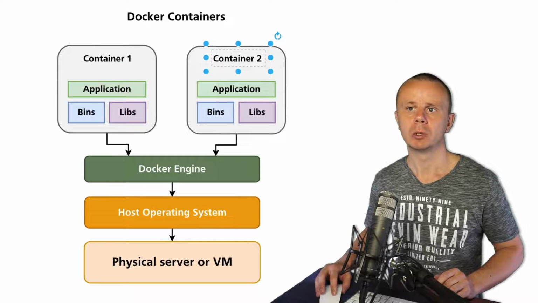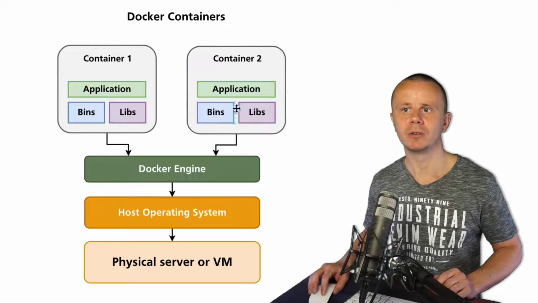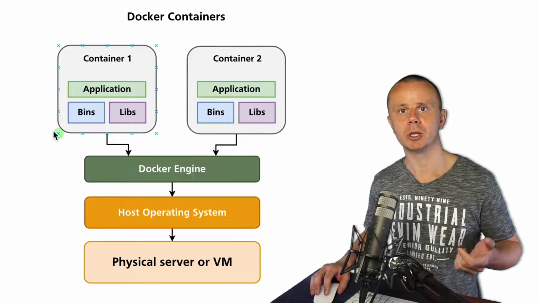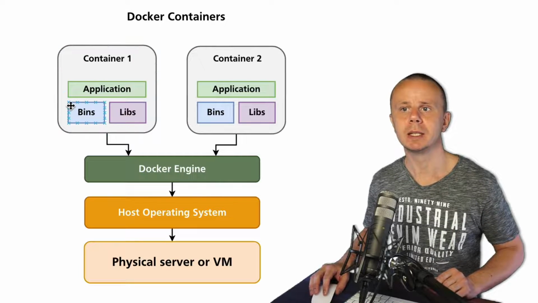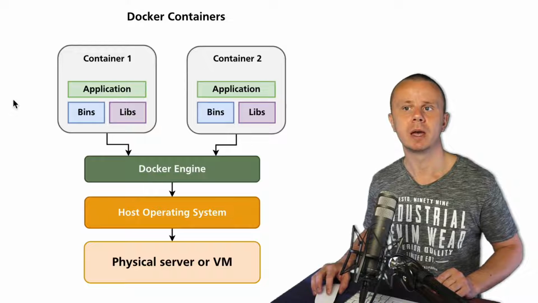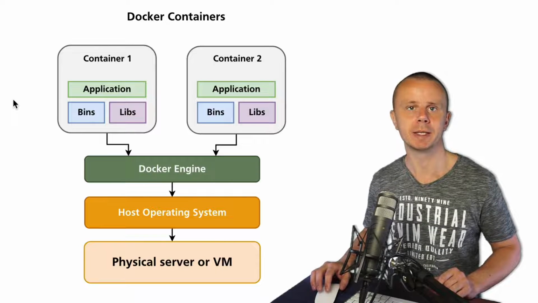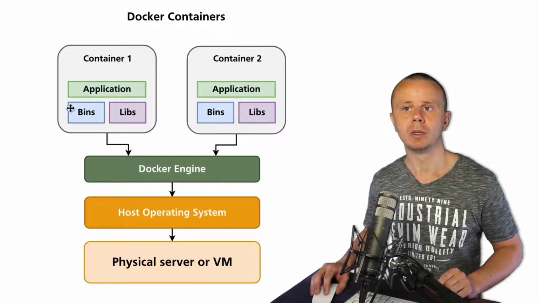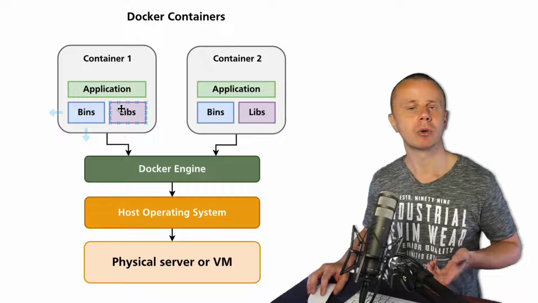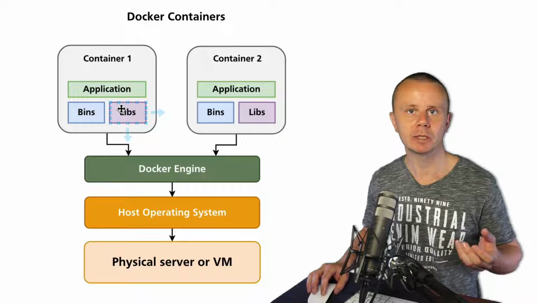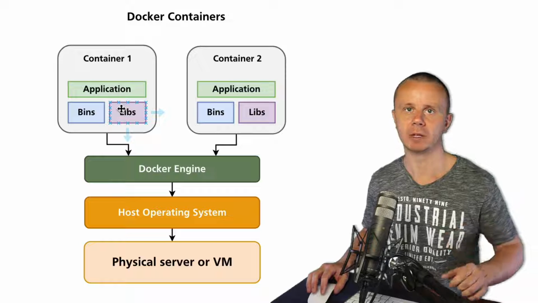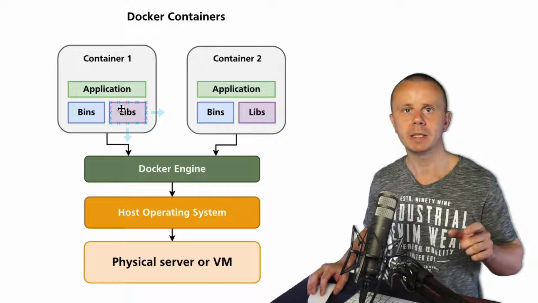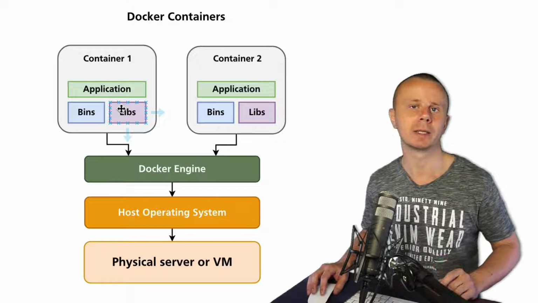container 2. And notice that main difference of this architecture from architecture with virtual machines is that the containers don't have their own guest operating system. They have only binary files, libraries and some applications that are running inside of every container. But again, main idea is that there is no guest operating system.